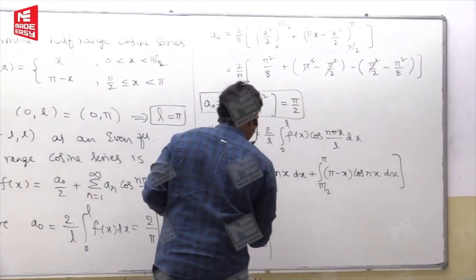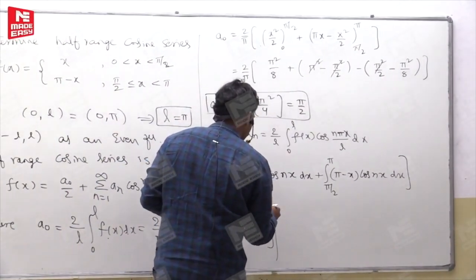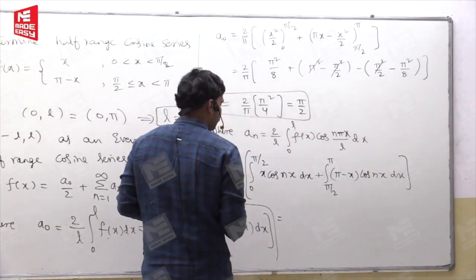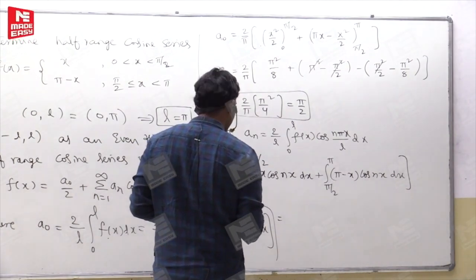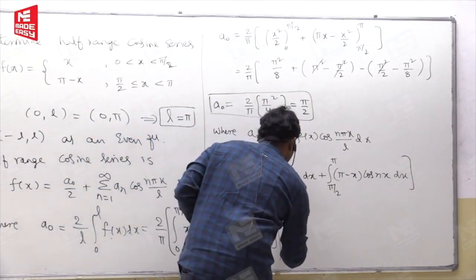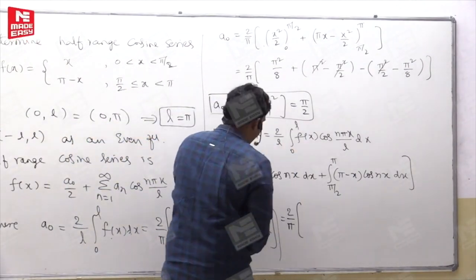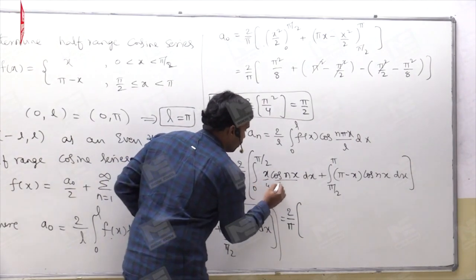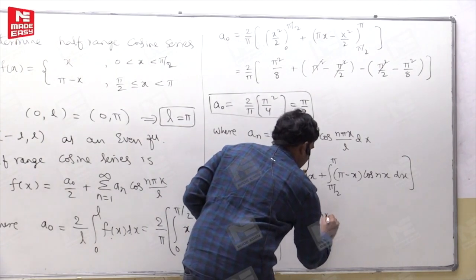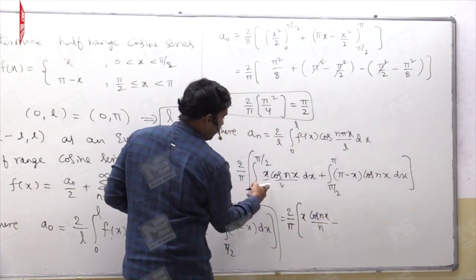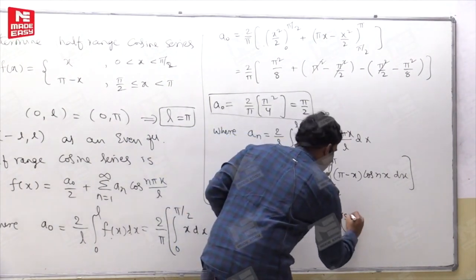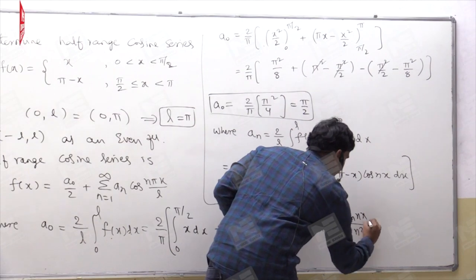If you want to do this integration, I can give the solution here. It is of uv, right? So you are getting 2 by pi of x cos nx by n... sorry, x into sine nx by n, minus, and this differentiation is 1, and this integration is minus cos nx by n square.